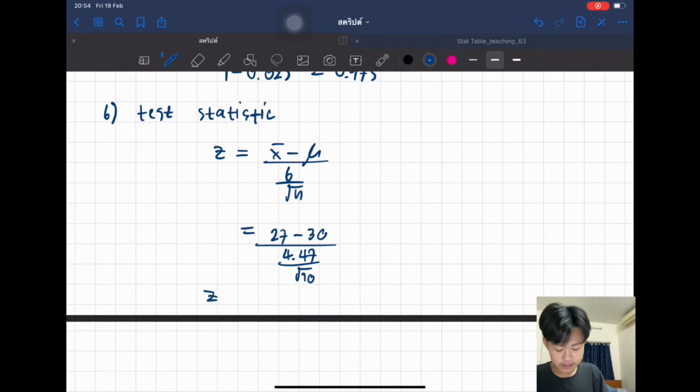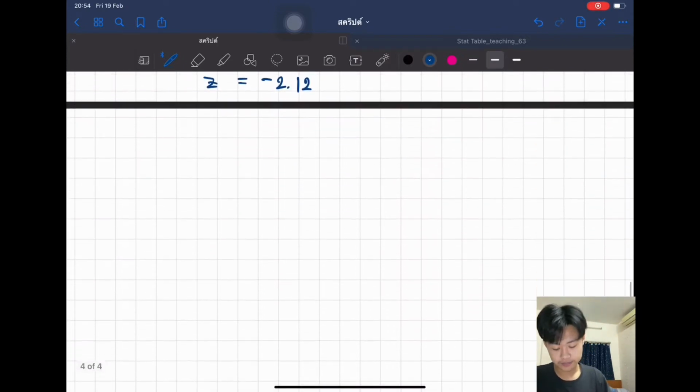We will get z equal minus 2.12. Okay, the last step.